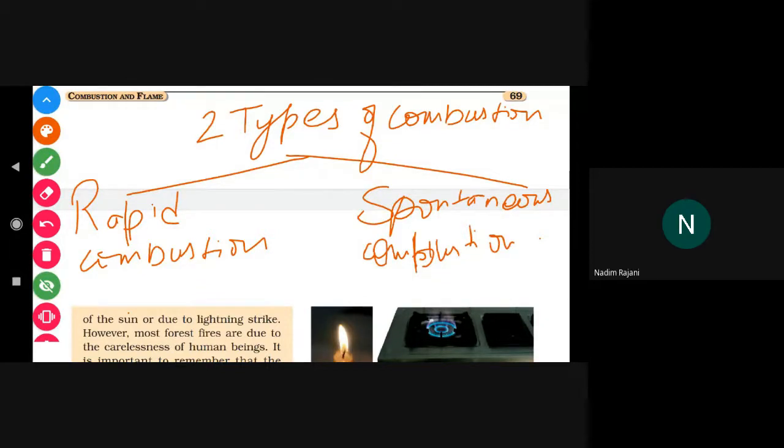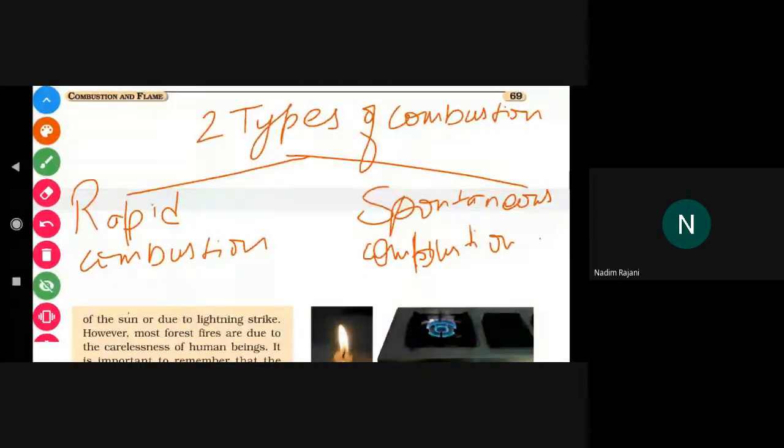We have to first burn a gas stove. For that, you need to bring a burning matchstick near it, right? So you need to do some work for that, and it will burn immediately. That is called rapid combustion. But there are other types of combustion.